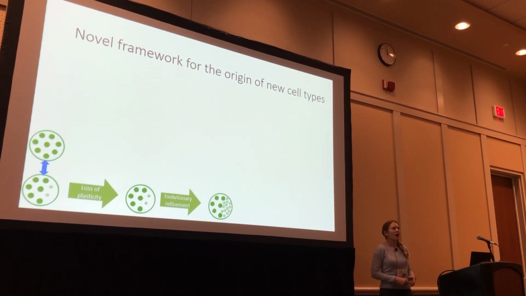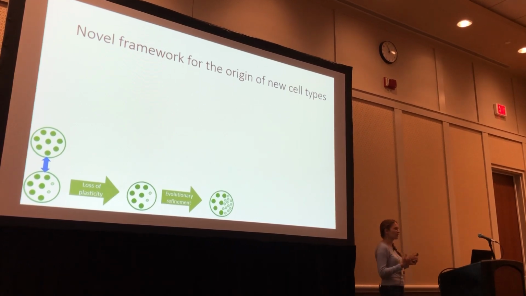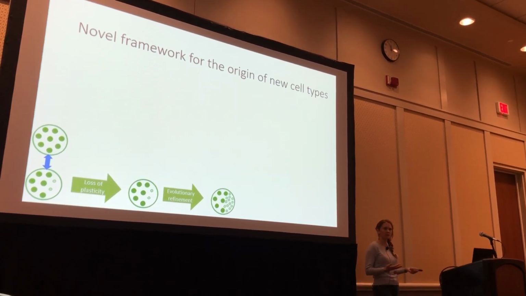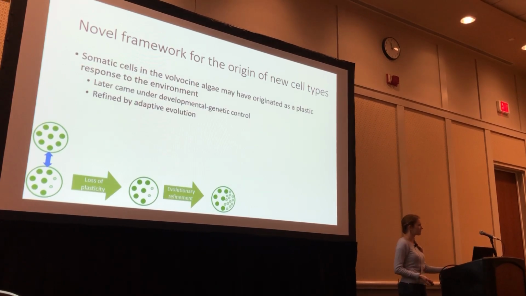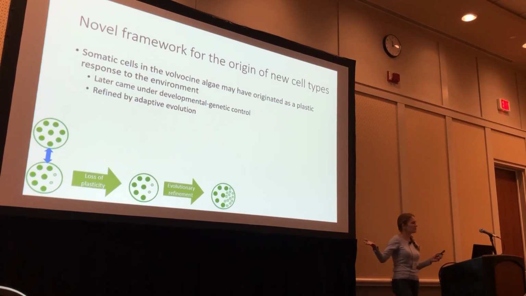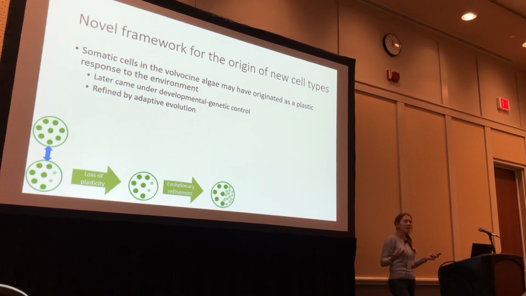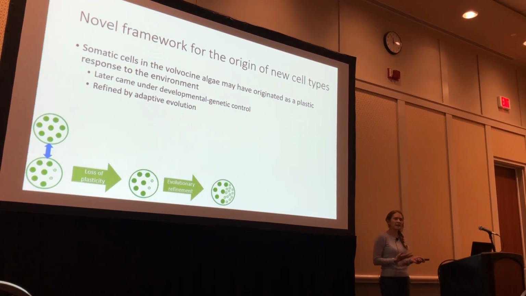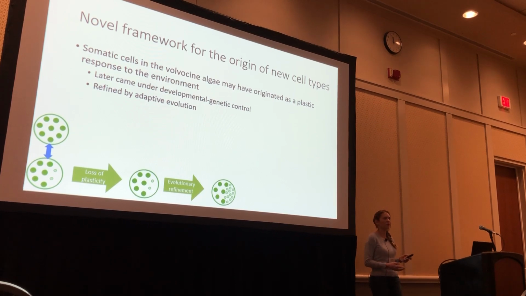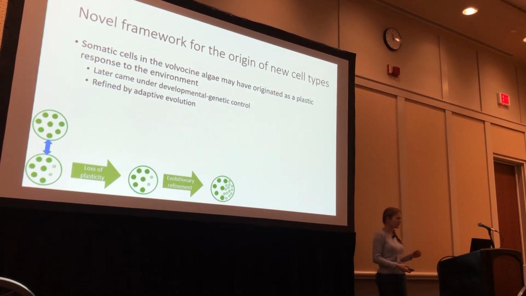So today, I've told you a bit about a novel framework for understanding the origin of new cell types using the volvocine green algae as a model system. I showed you that somatic cells in these algae may have originated as a plastic response to the environment that later came under developmental genetic control, or was later refined by adaptive evolution.